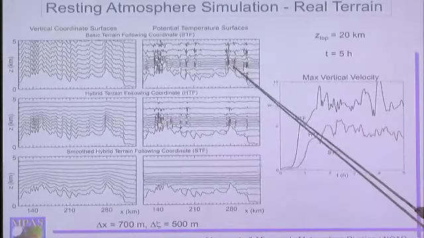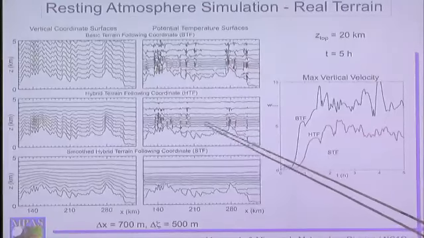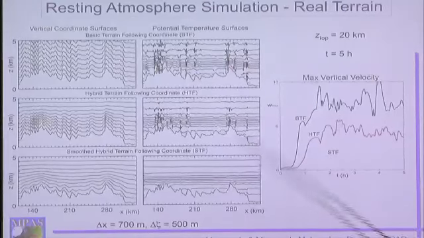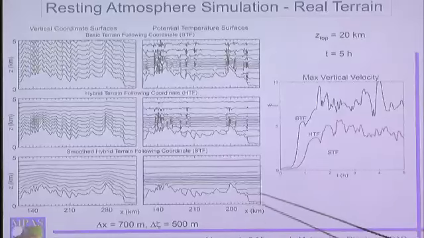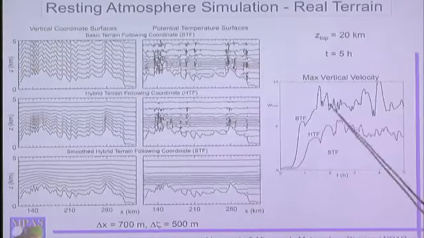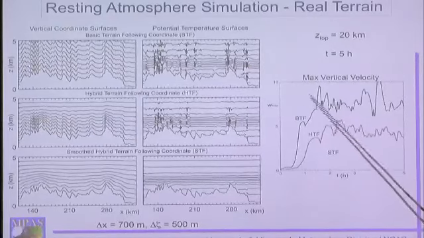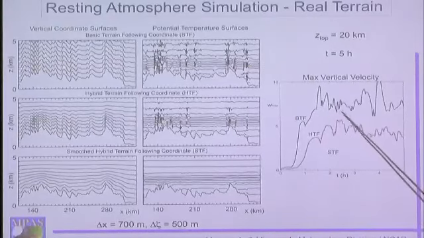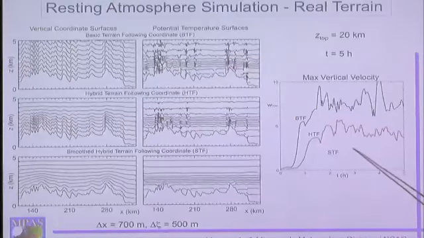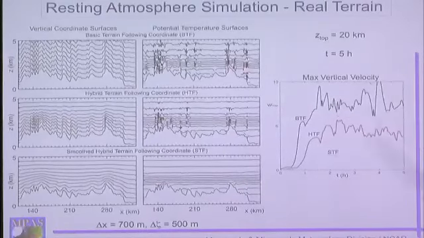You can see that things get better as you go to hybrid, and better again as you go to the smooth version. This is a plot of the maximum vertical velocity in those three, with the basic terrain following, the hybrid, and the smooth. So the maximum vertical velocity is coming down.